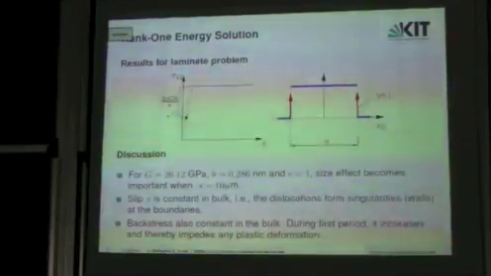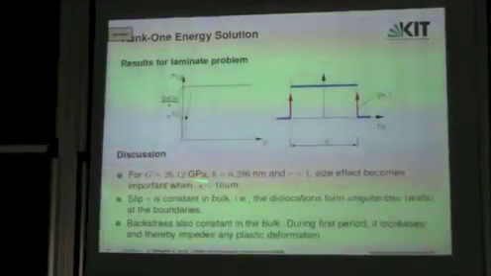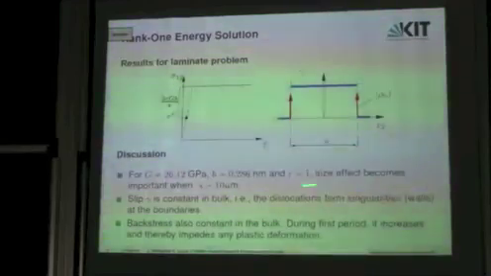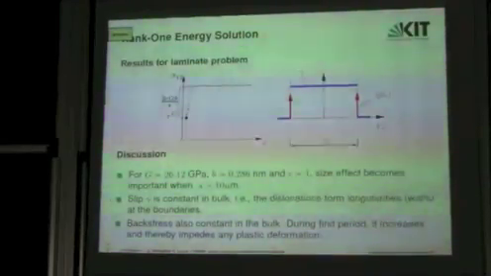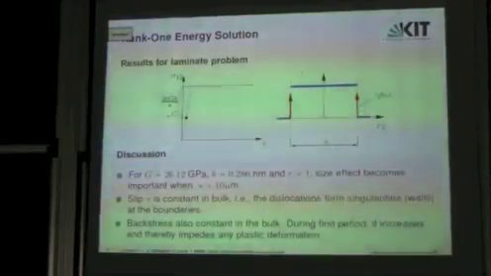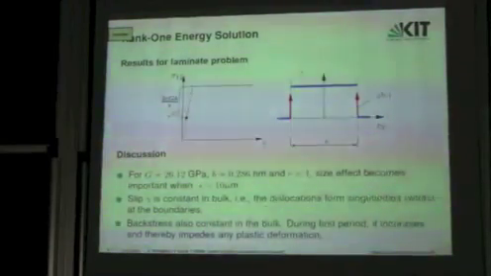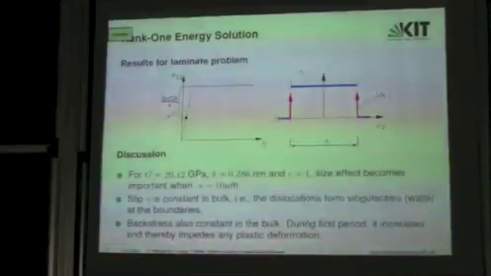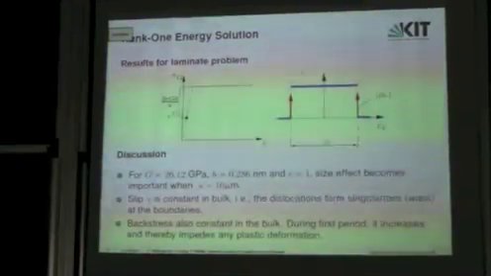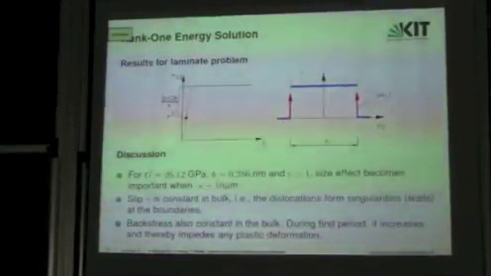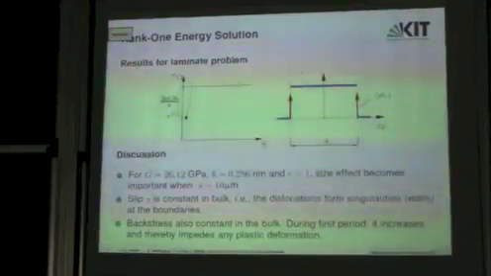And interestingly, it turns out that for typical material parameters for aluminum here, and this prefactor C equal to 1, the size effect becomes important when the soft phase has a size of approximately 10 microns. And this is also, interestingly, the size where in experiments the size effects become important.